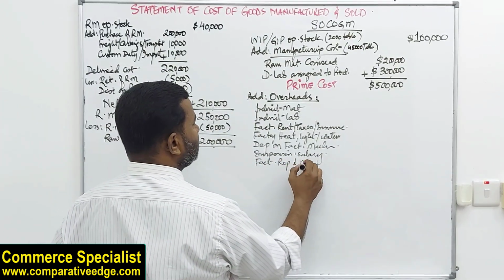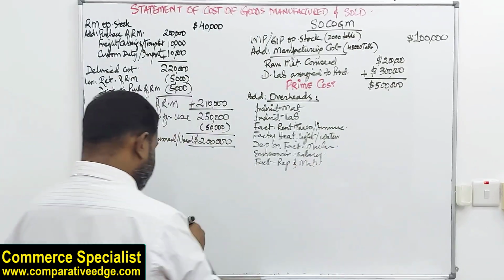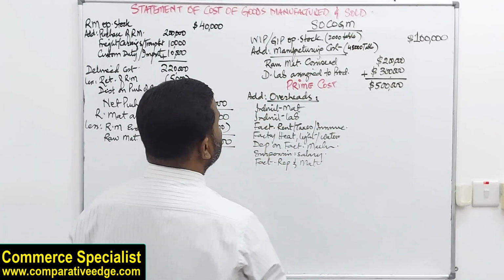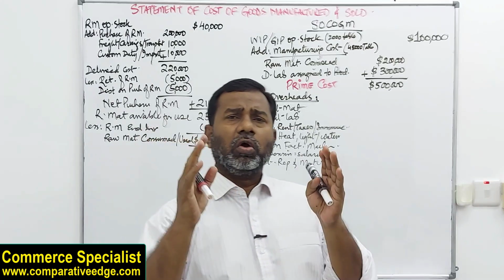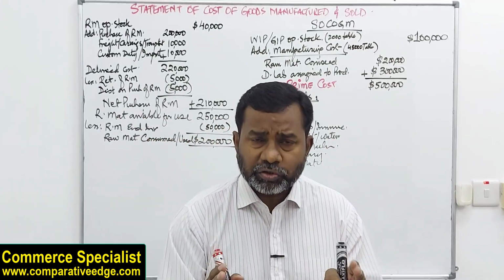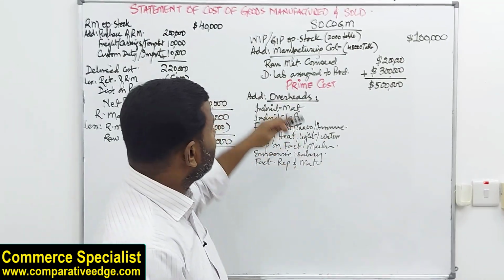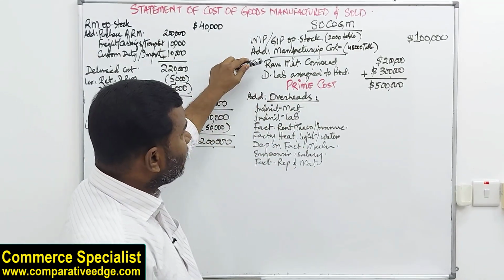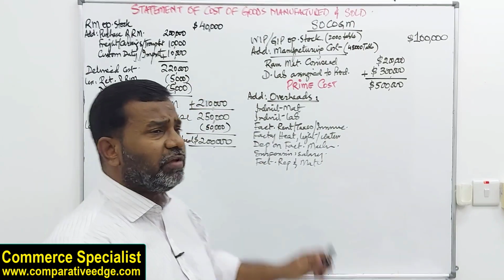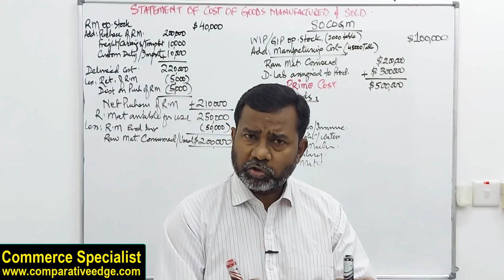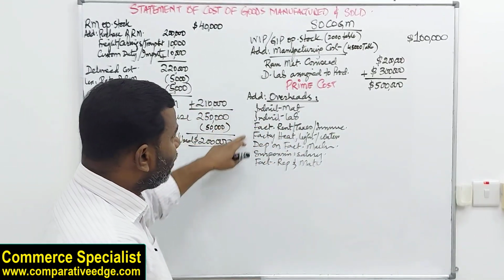factory repair and maintenance. In a nutshell, overheads are all the production cost related to the factory other than prime cost. So other than direct material consumed and direct labor, if a cost is related to production, it comes under the umbrella of overheads.